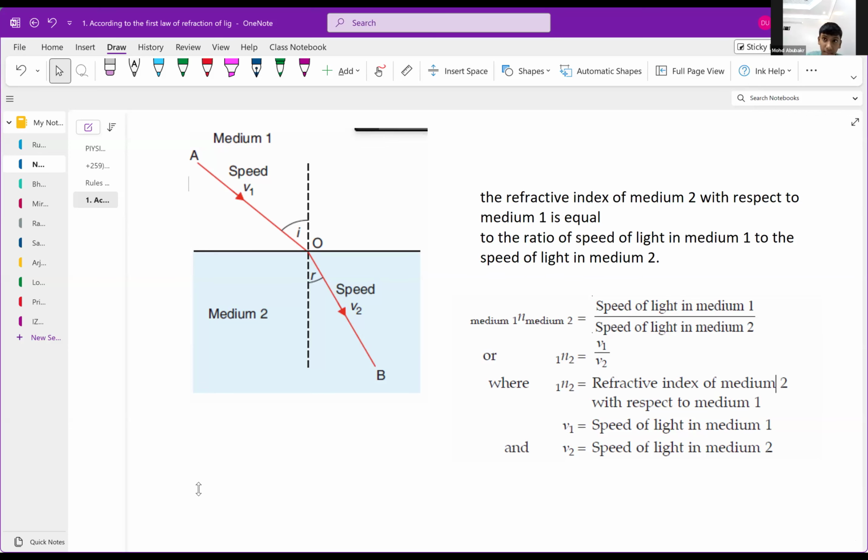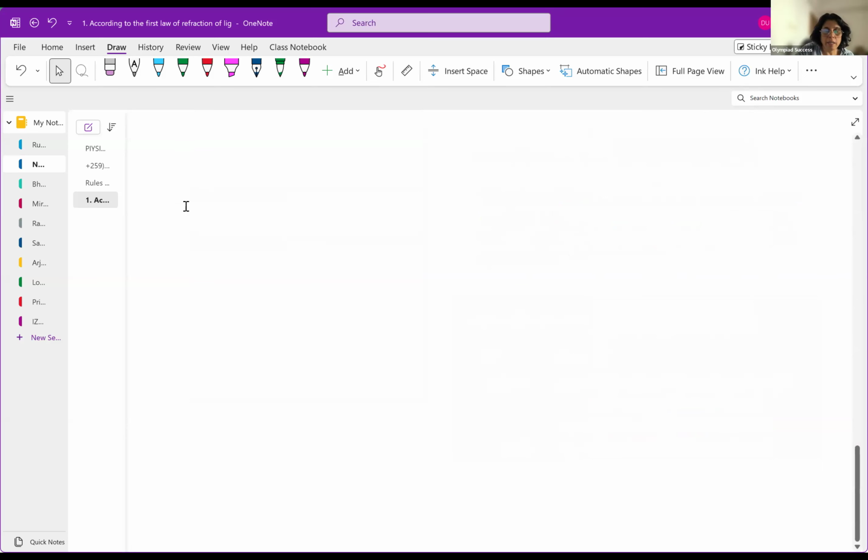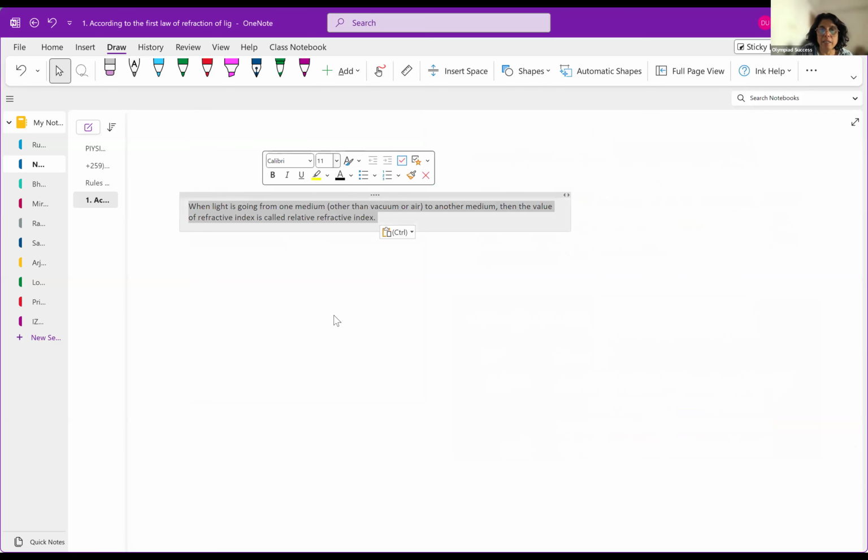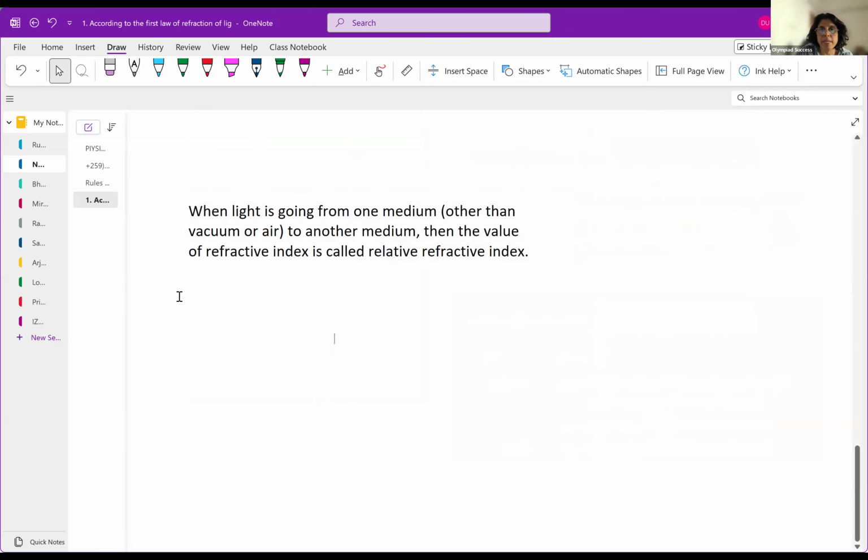Done ma'am. Yeah. So when light is going from one medium to another and the other medium is not air or vacuum, that is called relative refractive index.